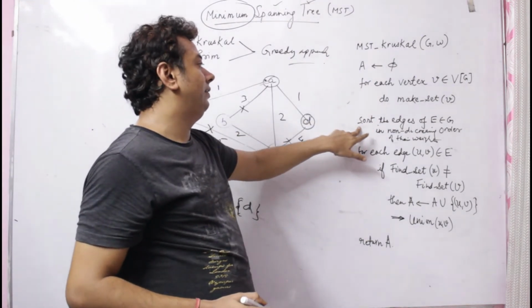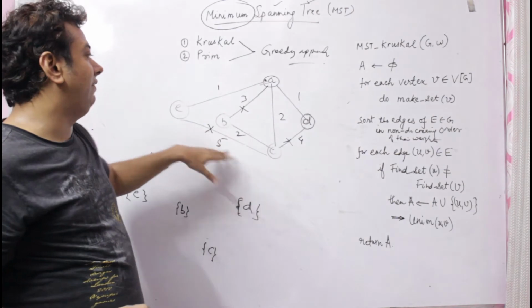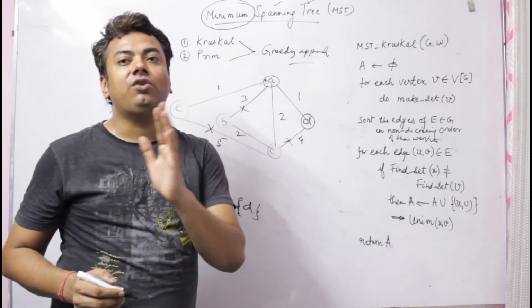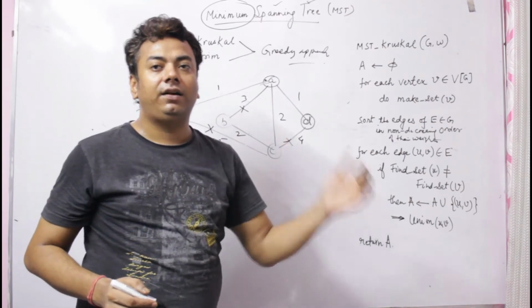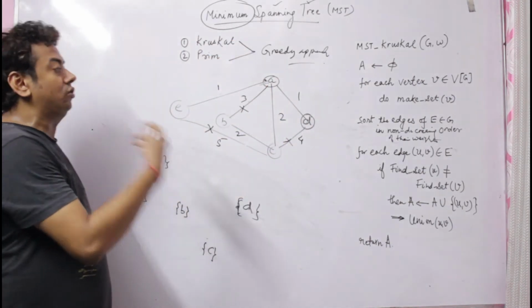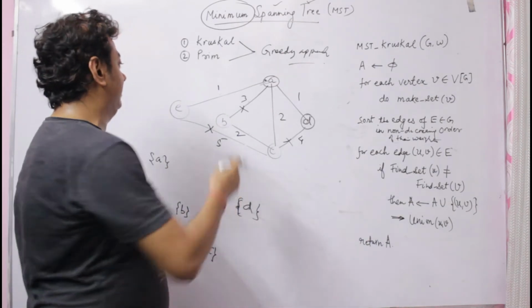Then second is to sort the edges of E. In this graph we have many edges. We will sort them in non-decreasing order of their corresponding weight. So we have different weights here, and we sort them in non-decreasing order of weight.